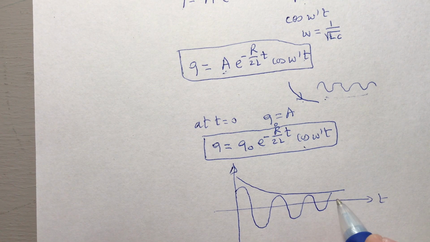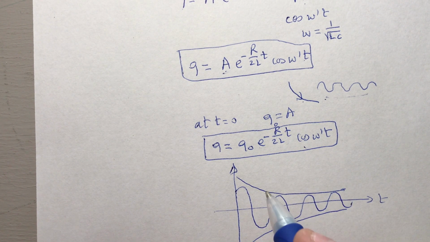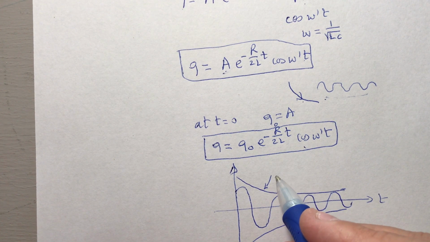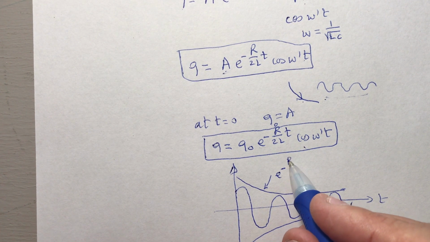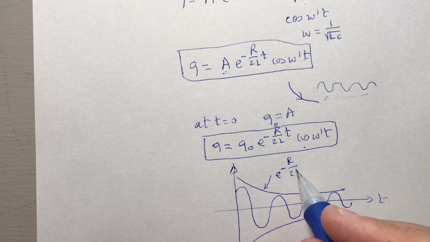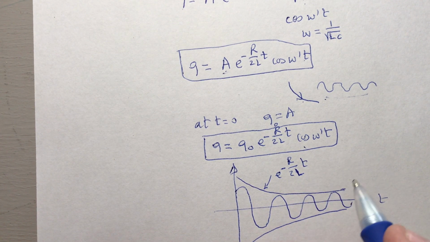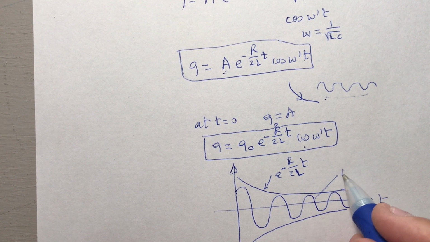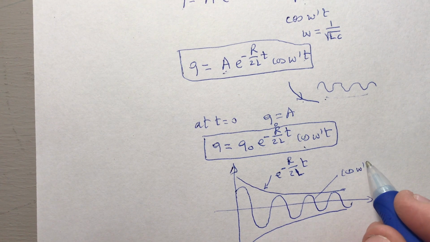It's getting suppressed by this curve, e to the minus R over 2L t, and this one was cosine omega prime t.